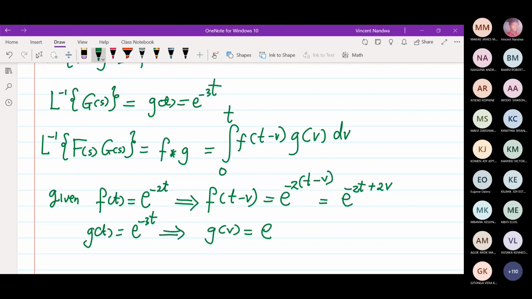So therefore, convolution of f and g will be the integral from 0 to t of e raised power minus 2t, but then you can write this one as e raised power minus 2t times e raised power 2v, and g of v is the same as e raised power minus 3v.